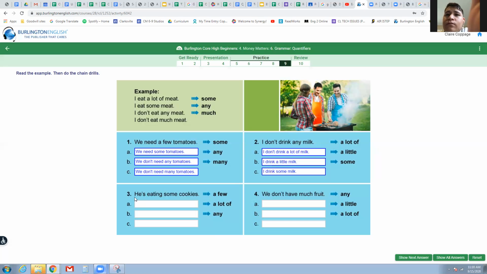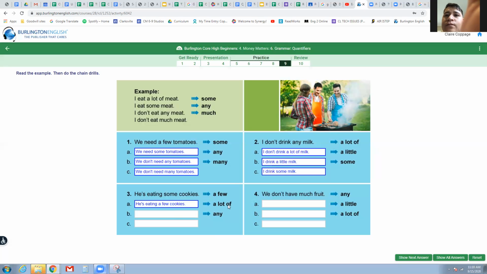He's eating some cookies. He's eating a lot of cookies. Oh, a few. This is first. A few cookies.